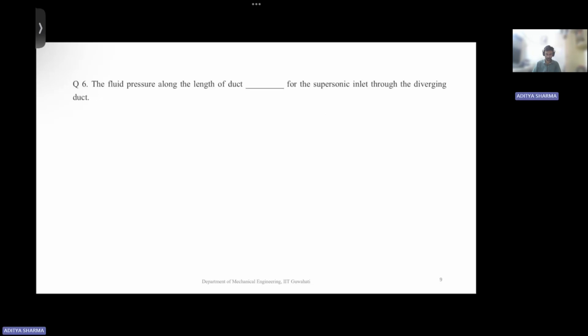The next question. The fluid pressure along the length of the duct for supersonic inlet through the diverging duct.